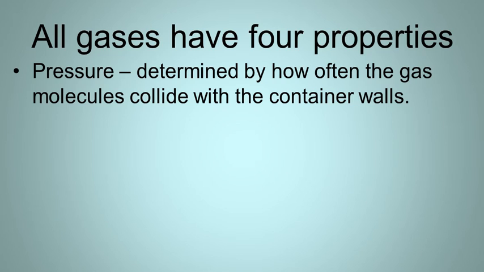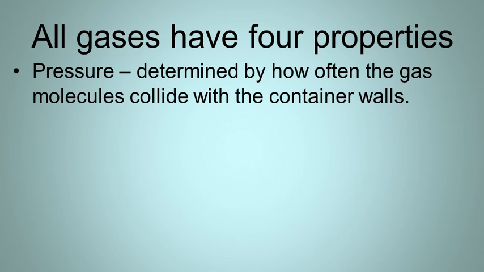And so if you have an enclosed gas, perhaps in a balloon or some other container, and you have a lot of gas molecules, you're going to have a lot of collisions, and so the pressure is going to be higher. Well, if you take those gas molecules out, you aren't going to have as many collisions with the walls of the container, so the pressure goes down.